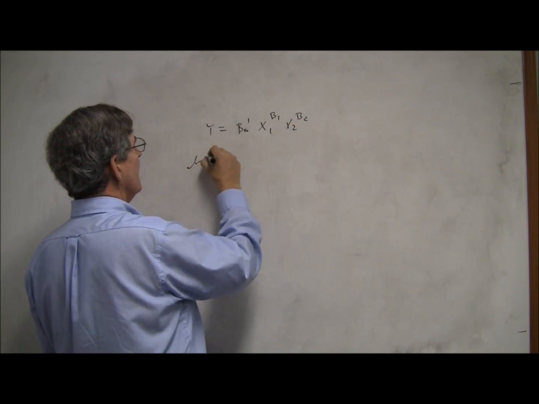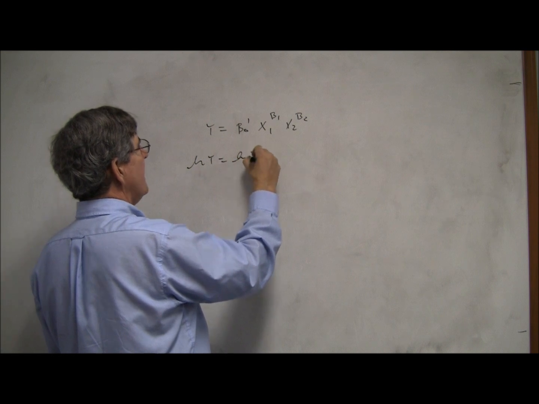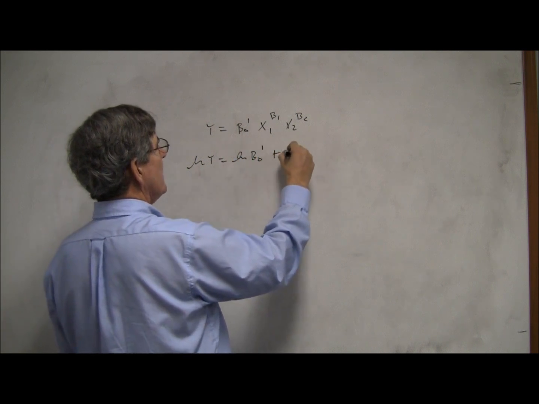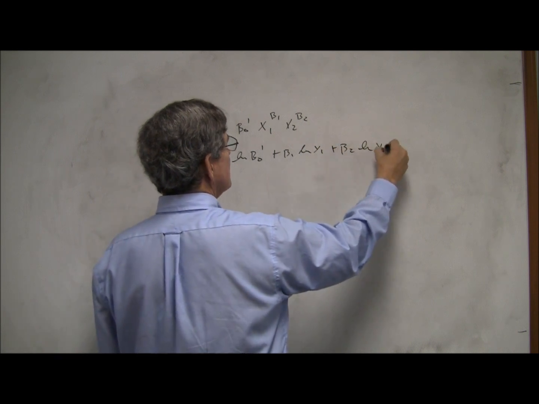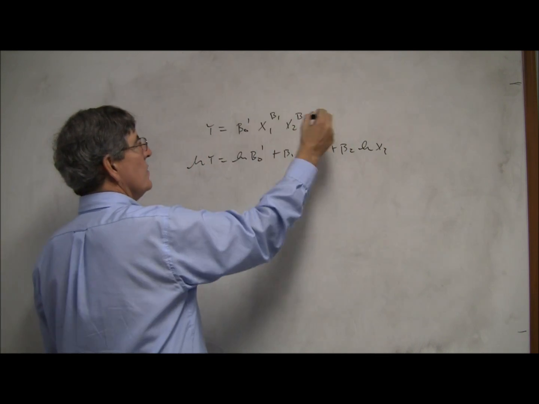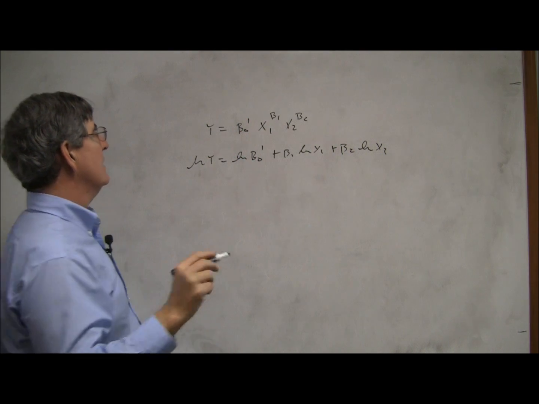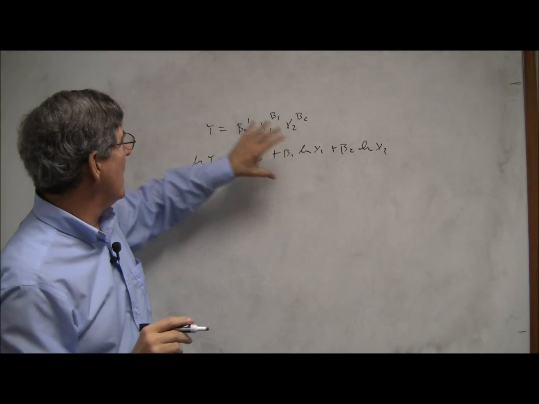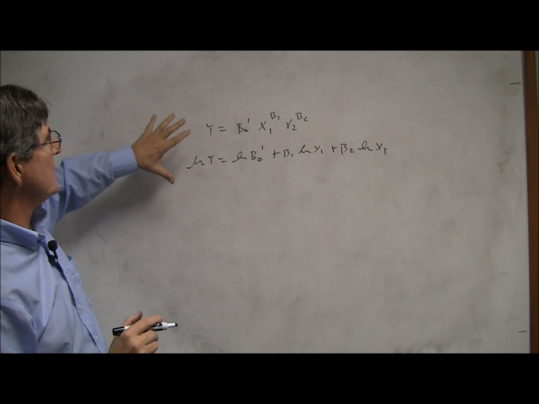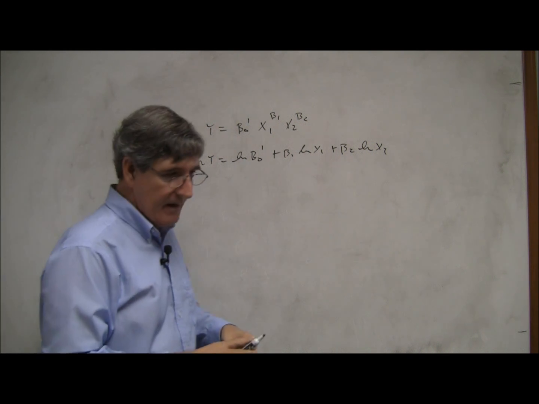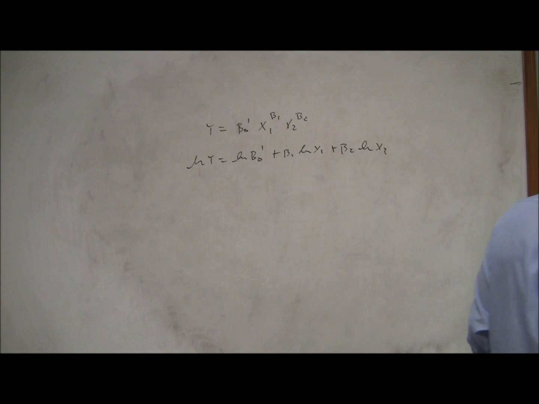Then the log of y is the log of beta 0 prime plus beta 1 log x1 plus beta 2 log x2. I could throw in an error too, just make it multiplicative. So the log-log model is useful when you have these kinds of multiplicative relationships. And so those are the three ways in which you can use logs.